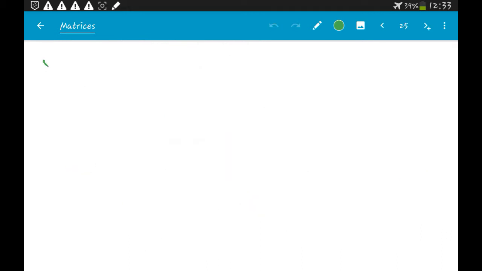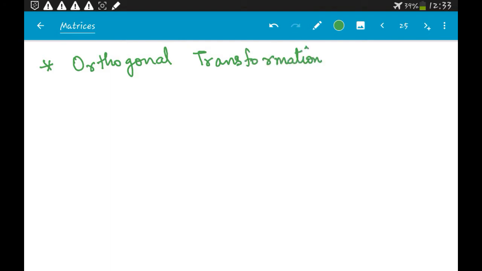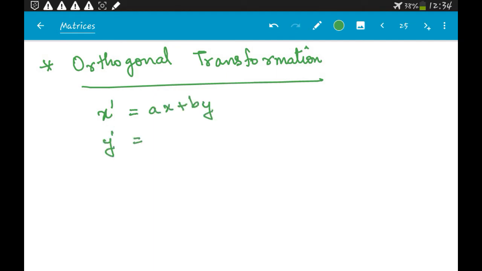Then there is also something known as an orthogonal transformation. Again it is similar to linear transformation, but there is a small difference. So let's write out what a linear transformation is first. x dash is ax plus by, y dash is cx plus dy.